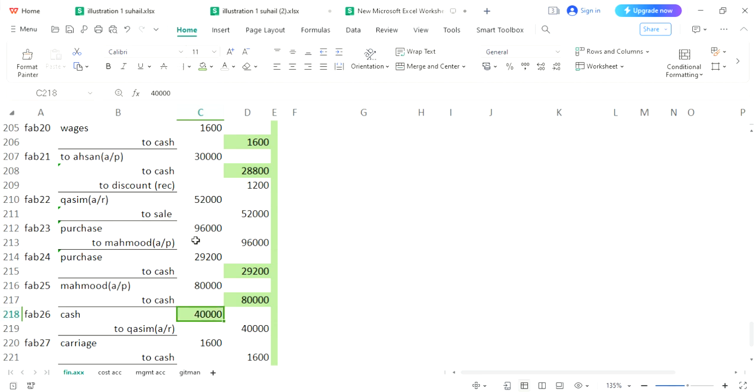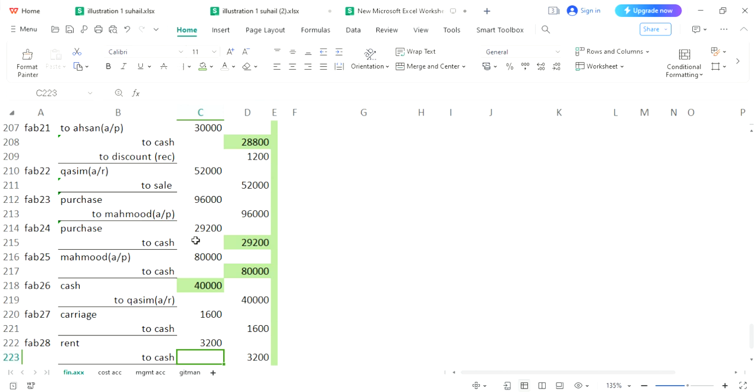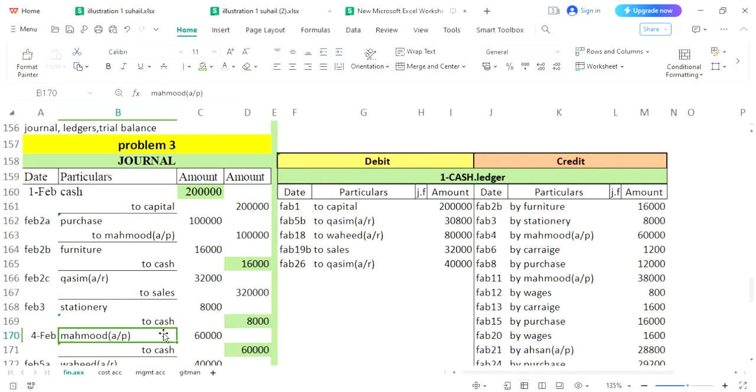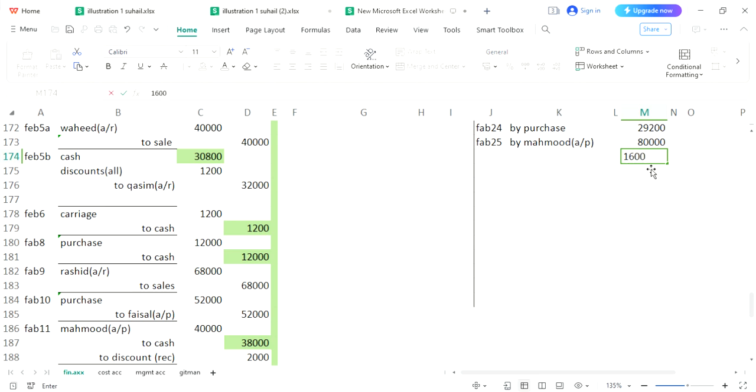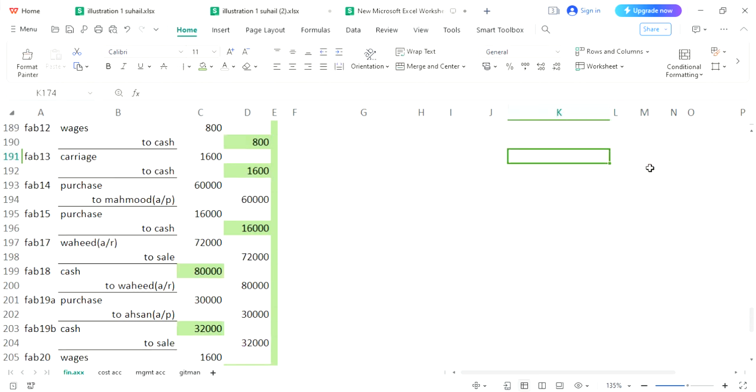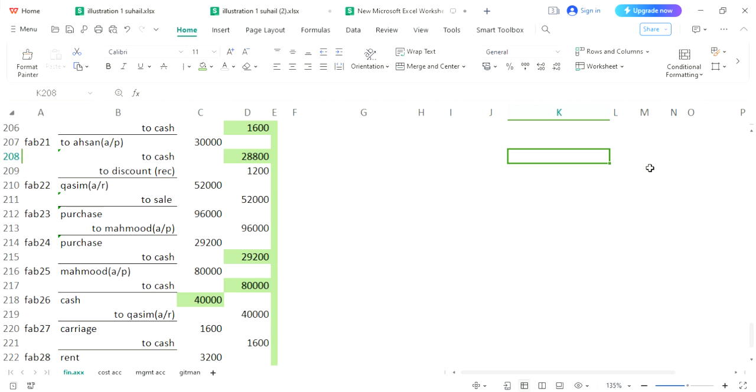Now see if cash is present anywhere else as well. Here you can see cash is present, 1600 on the credit side. So write down 1600 in your credit column, and look at the reference for this 1600. Cash was credited, and what is written on the opposite side? Carriage.